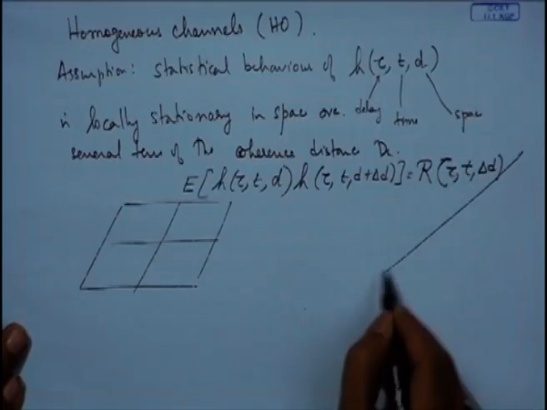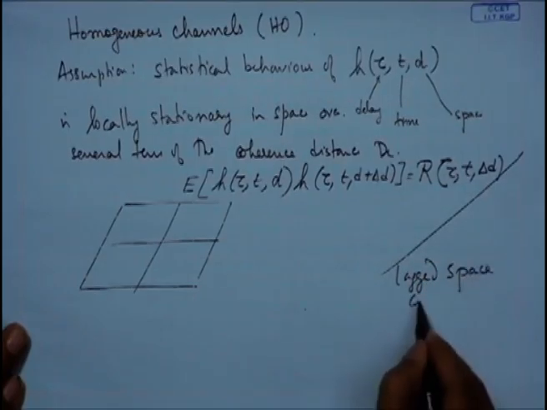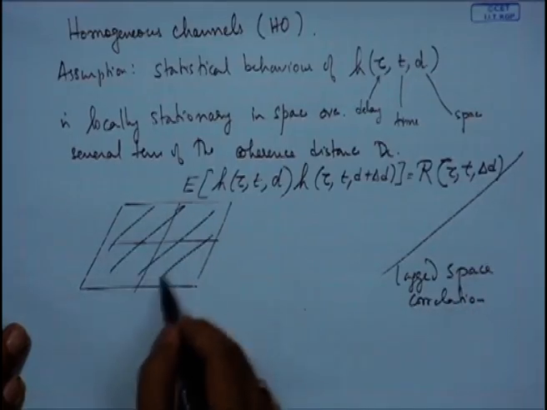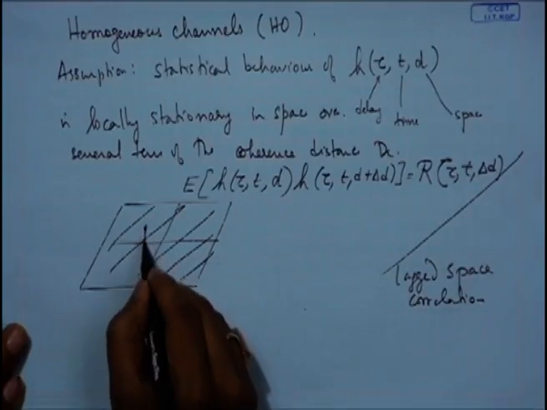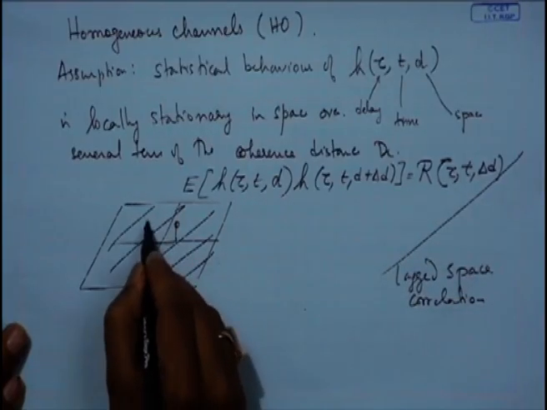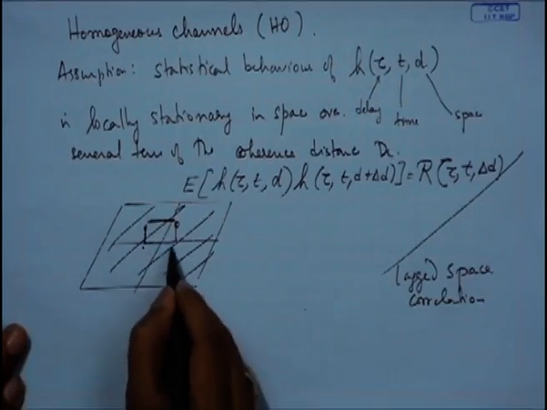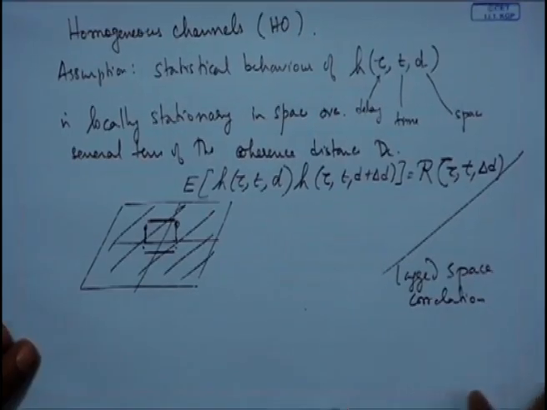That means a lagged space correlation. That means over a certain region in space, the correlation between the signal at this location and the signal at this location, which is separated by a certain distance, is not dependent upon this location or this location, but only upon the separation. So, that is what a homogeneous channel is, and this is very important.